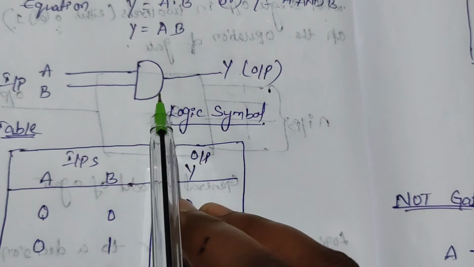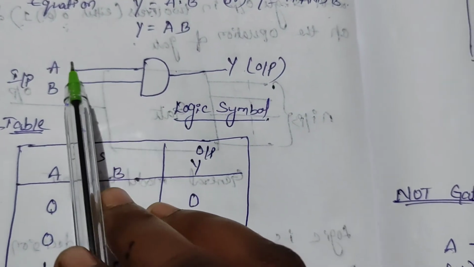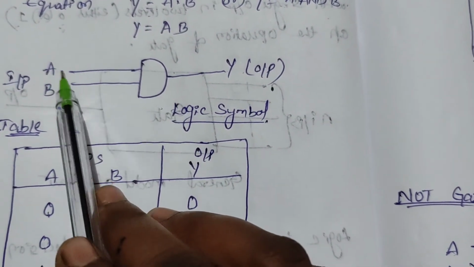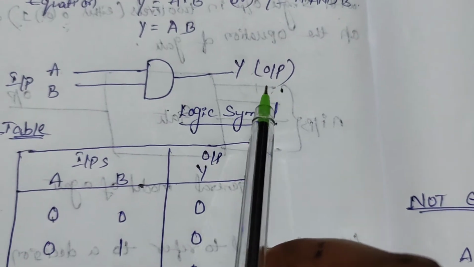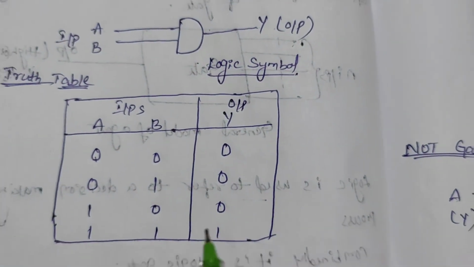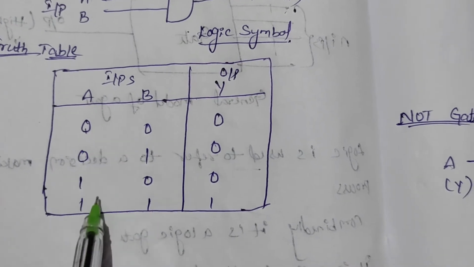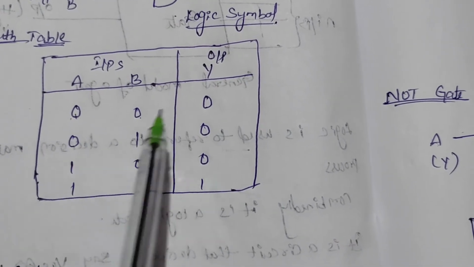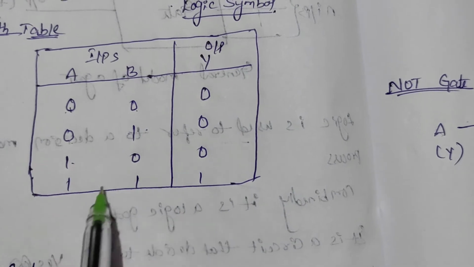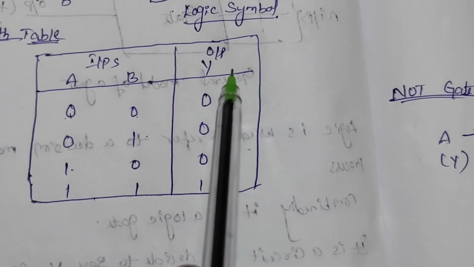So this is the logic symbol of the AND gate and we are taking two inputs A and B, Y is the output. So truth table of this is, so as we are having two inputs, there will be four combinations: 0 0, 0 1, 1 0, 1 1, and this is the output.